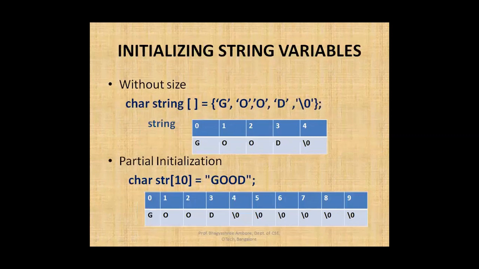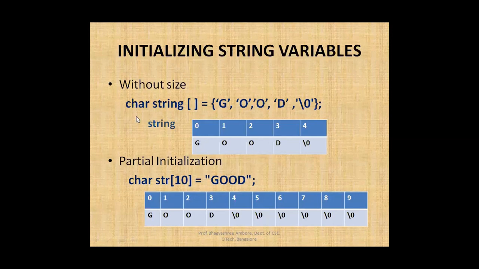We'll go with the third one, that is without giving the size. What I have done here is one small declaration: character, string is a variable name, and no size given. In this case, what does the compiler do? If it is a character constant, given character by character, it counts 1, 2, 3, 4, 5 and fills the size as 5.